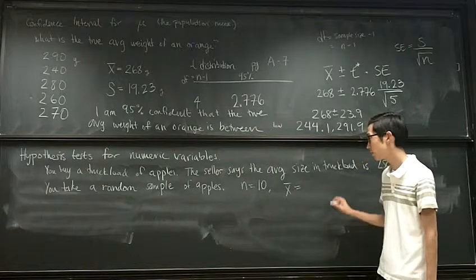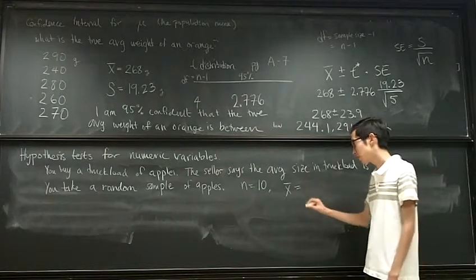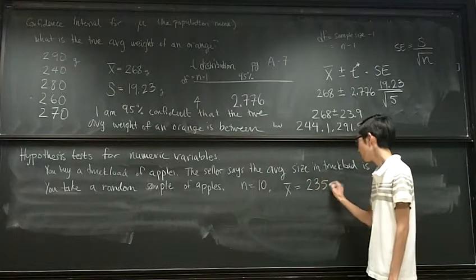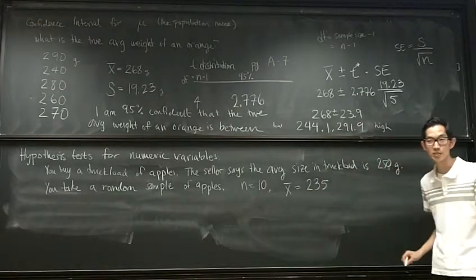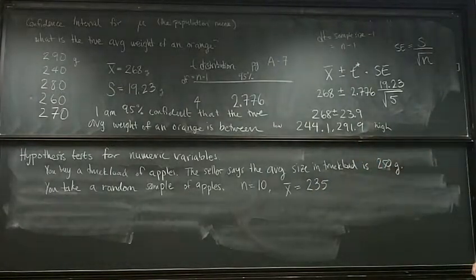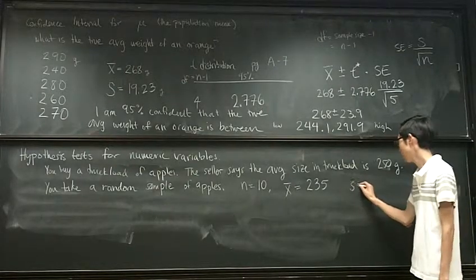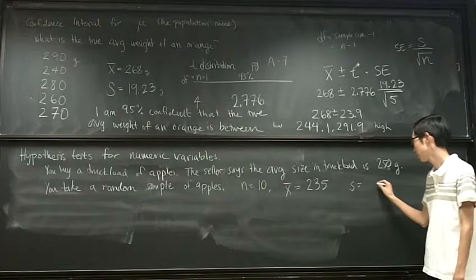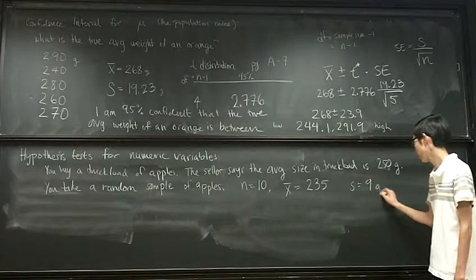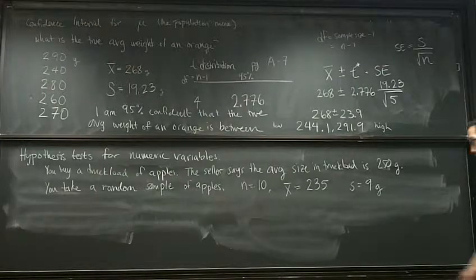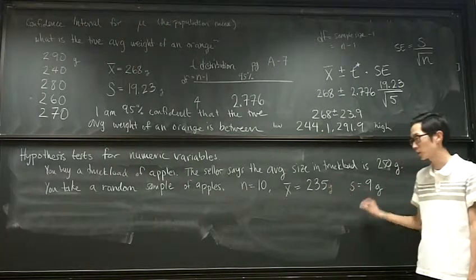So let's say the average size when I took the 10 apples was 235 grams, and the standard deviation was 9 grams. Of the sample. Standard deviation in the sample is 9 grams.